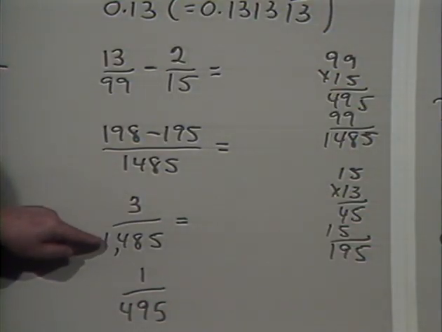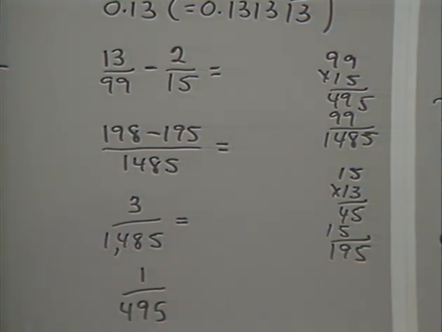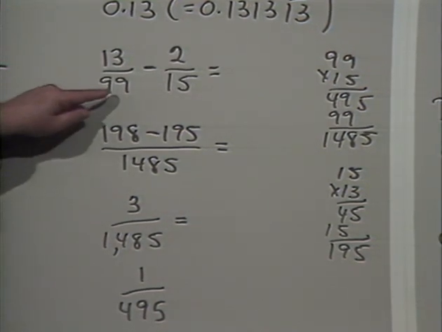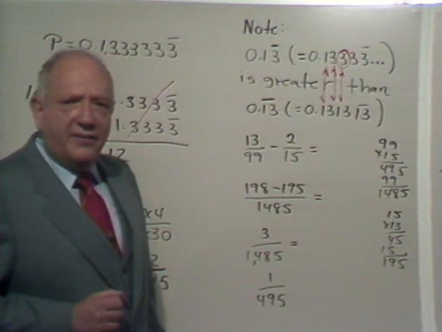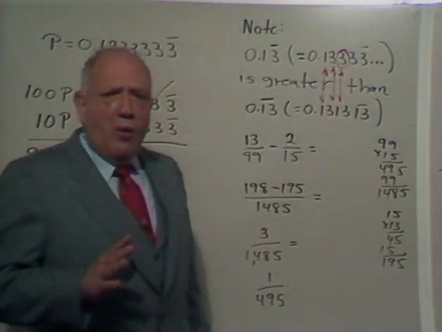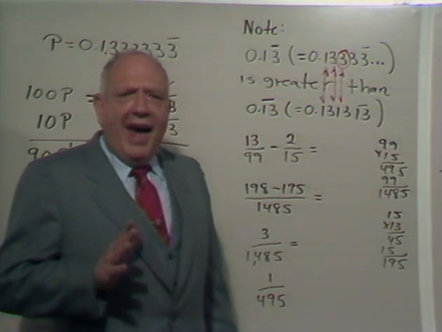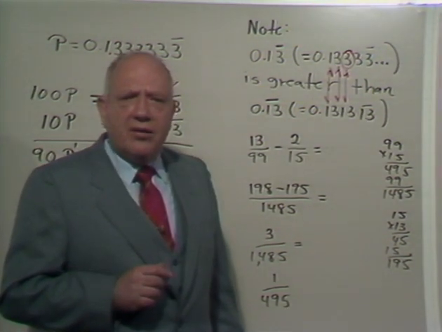That's 3 over 1,485, and that reduces to 1 over 495, which says what? These two numbers aren't the same, but how different are they? They differ by 1 part in 495. And you'll have plenty of time to do some experiments this way. But what I wanted to show you is that I can construct decimals which don't have repeating cycles.